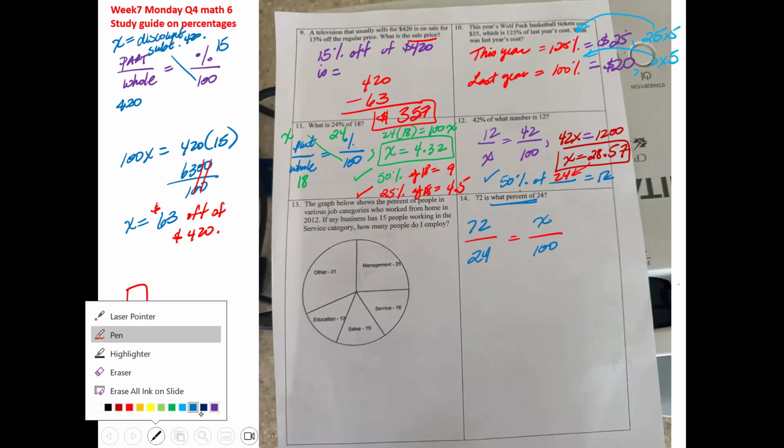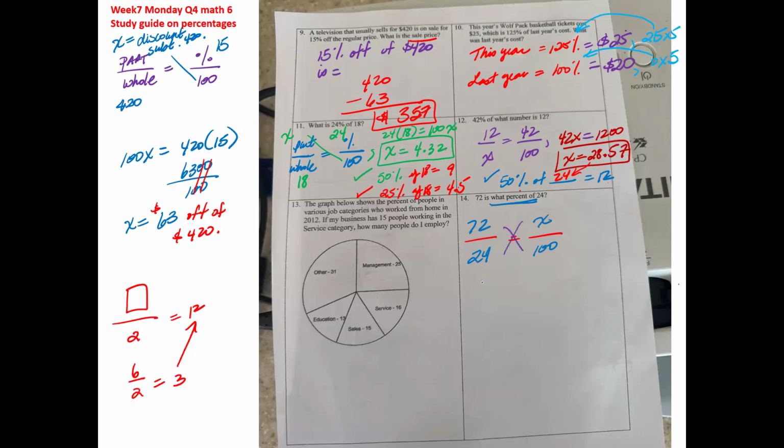Now cross multiply. Three X equals 300. Okay. That's good enough for me.